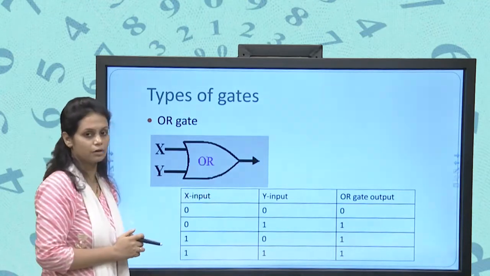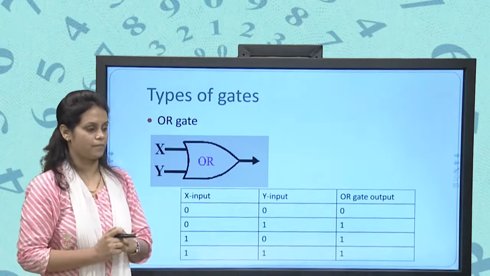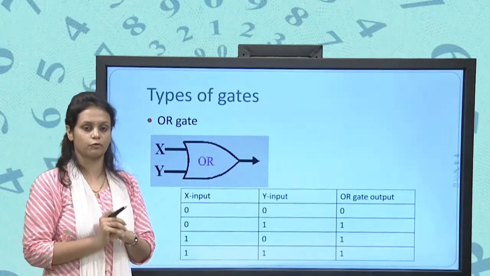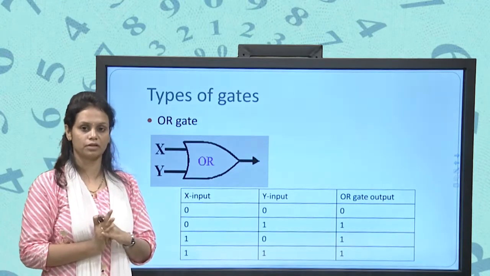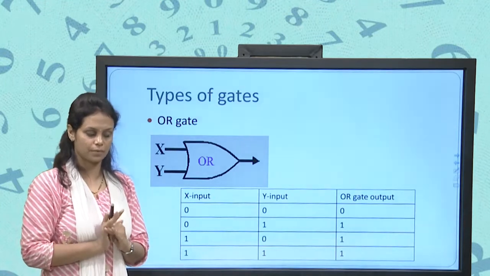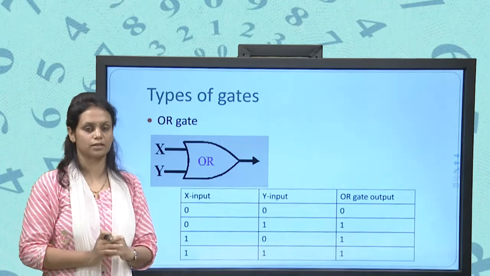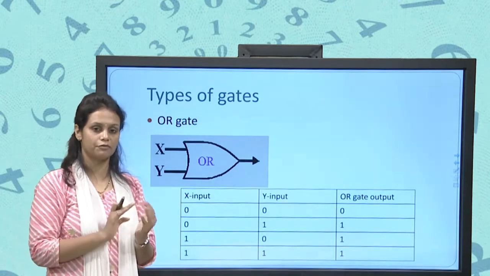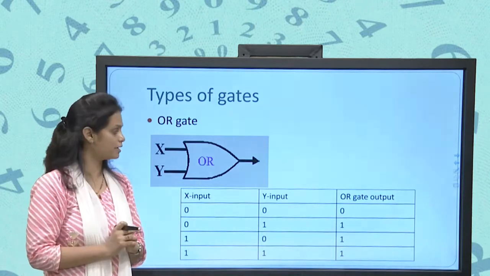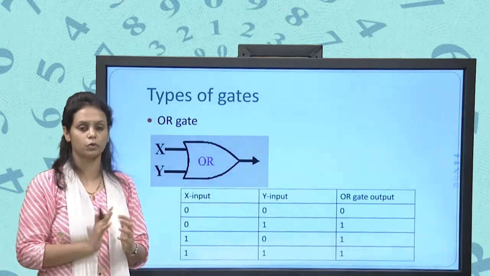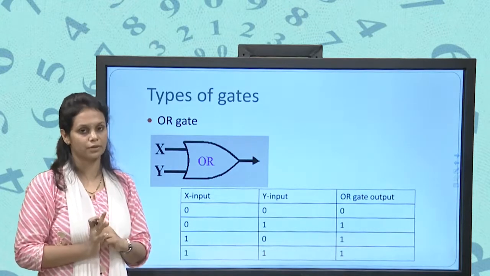Now, what is the meaning of the OR gate? If at least one input is 1, then our output is 1, otherwise it is 0. That means, if your 2 inputs are 0, then the output is 0.